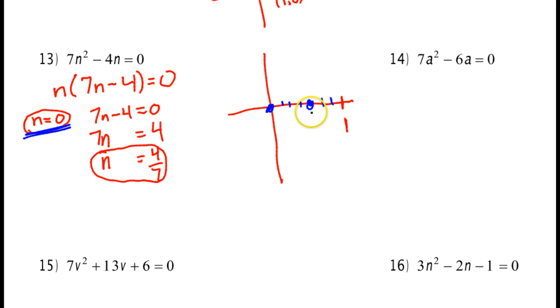There's my other. And I know it opens up, so it's going to look something like this with that vertex right down the middle at 2/7. That's the middle of 0 and 4/7 is 2/7. But I do not know exactly where this vertex is.